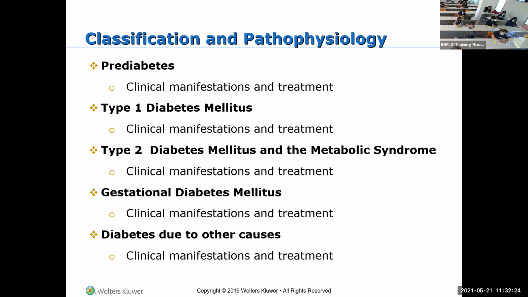But in type 1 diabetes, insulin is not there, so we need to treat type 1 with insulin right away. Receptors are okay, but insulin is not there. In type 2, we have insulin, but my receptors are not responding, so we need to give medication to kick in those receptors. We use oral tablets. Metformin is very common.